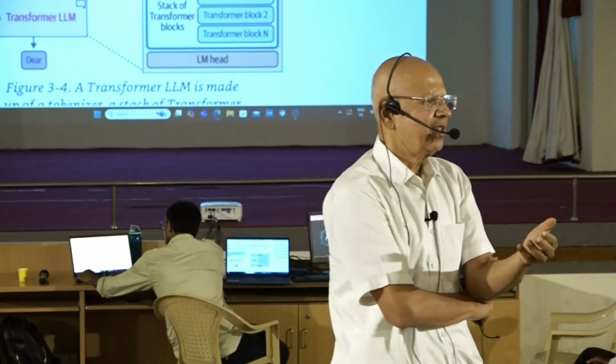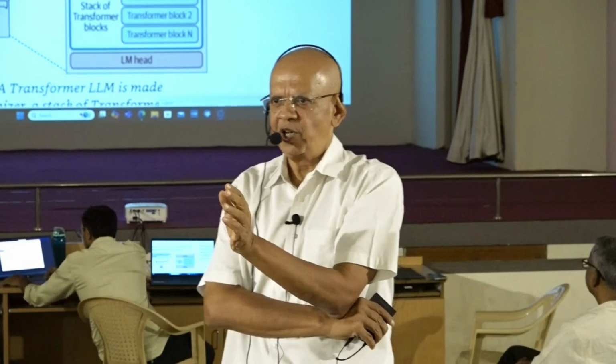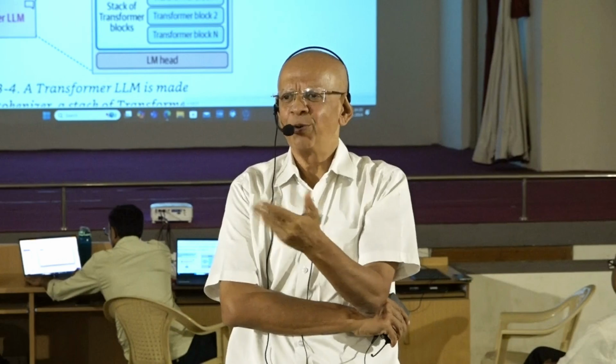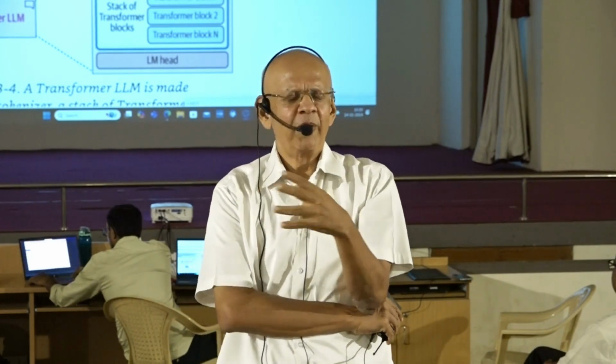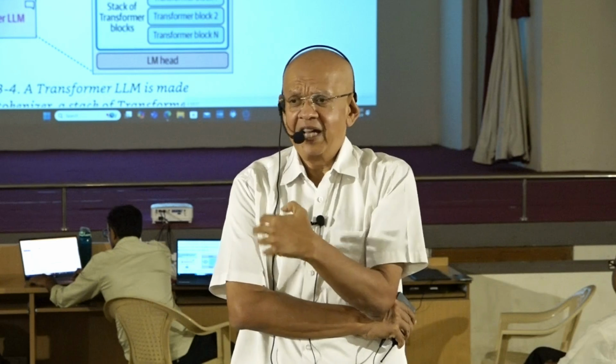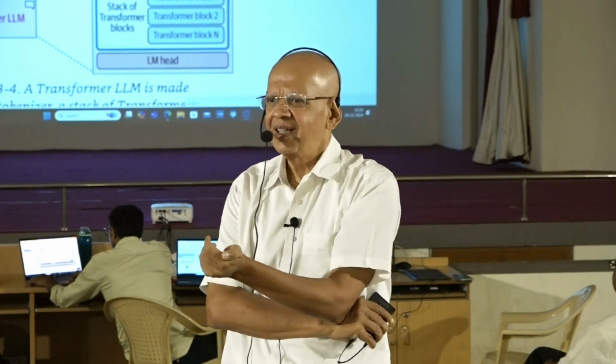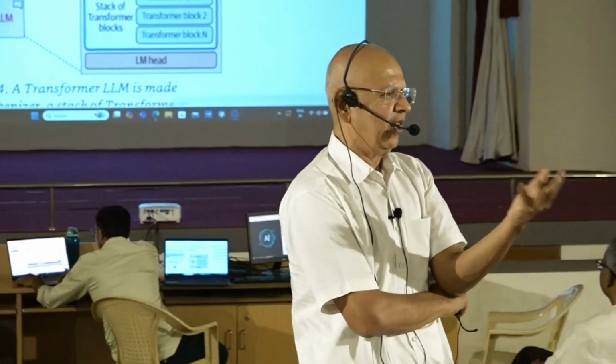To give you an average, 1,000 words will end up becoming about 1,500 tokens, because a lot of words in English are broken up at the tokenization level into two tokens, not one. So the general average we take is 2 by 3 or 1.5. If you say I have 1,000 words, then ask how many tokens are generated, probably the answer will be 1,500 tokens.